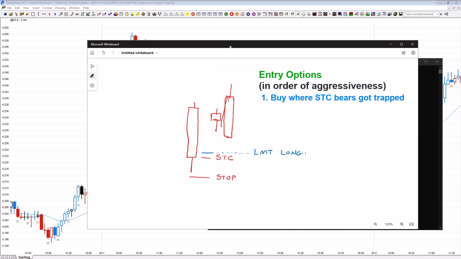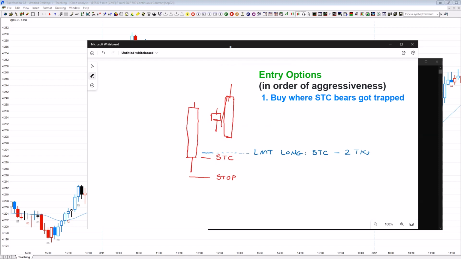And the logic of it is sell the close minus 2 ticks, because they need the market to test the close for them to get out break even. And you're front running that because you think, okay, it might not get there. I just want to get my long in the market.